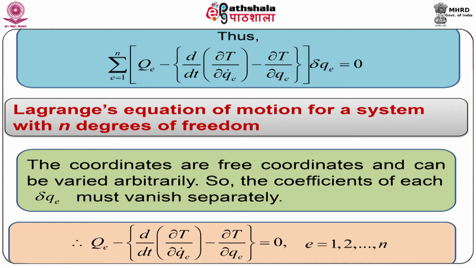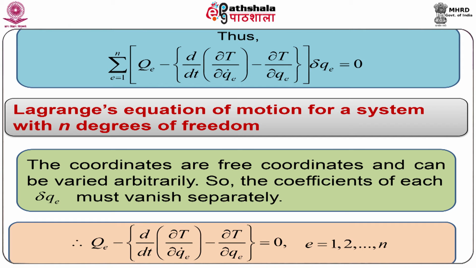If we substitute the result in the previous equation, we get summation over k of capital Qk minus d/dt of del T by del qk dot minus del T by del qk, into delta qk equal to 0.